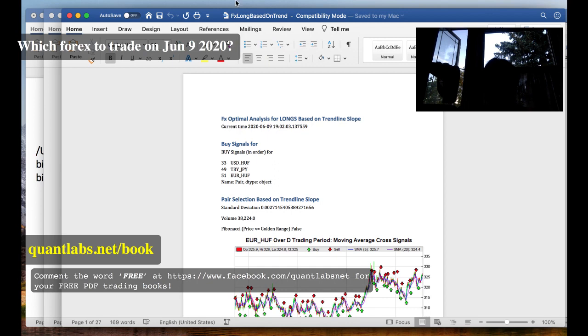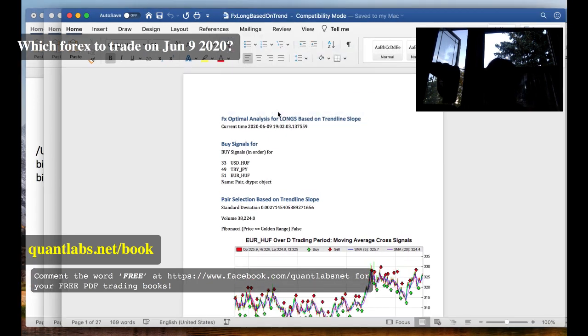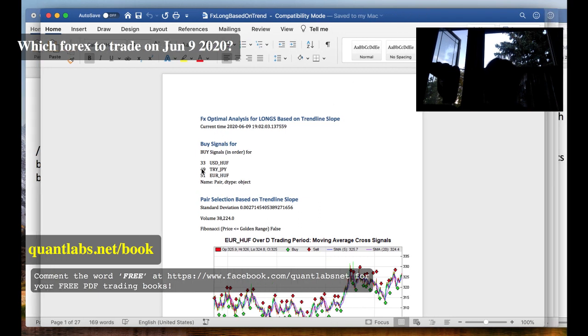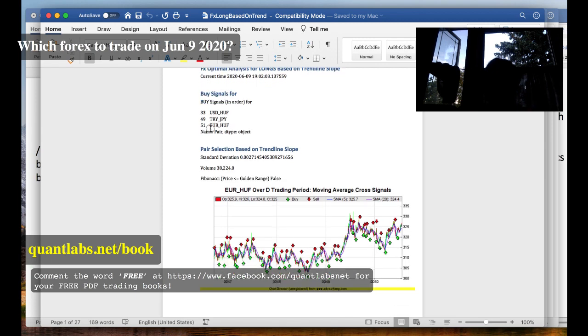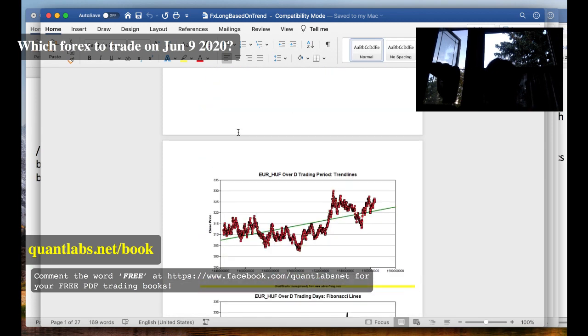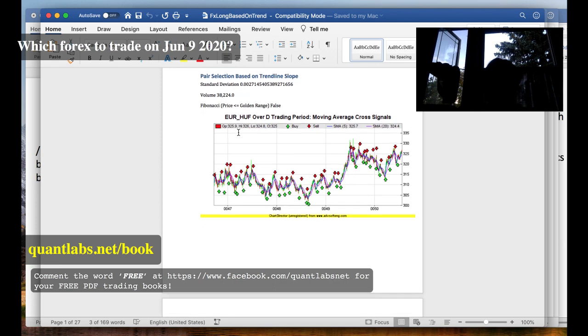So we have two other reports here. We're going to look at the first one based on trend. So we have here USD against the Hungarian lira, Turkish lira against the yen, and the euro against the Hungarian. And again, this is for investment purposes, so buy and hold.